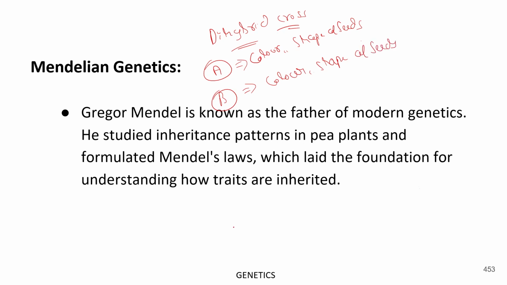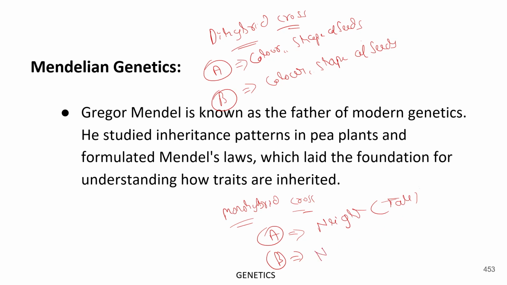But in the monohybrid cross, both the plants, A and B, were different in only one characteristic, which is height. One may be tall, here I'm just taking the example of A, and the second one, B, is dwarf. So in the monohybrid cross, there is only one dissimilarity between the two plants.